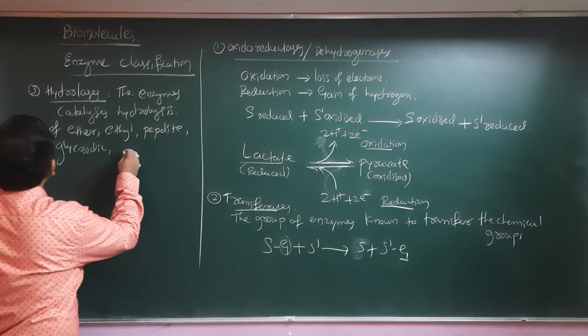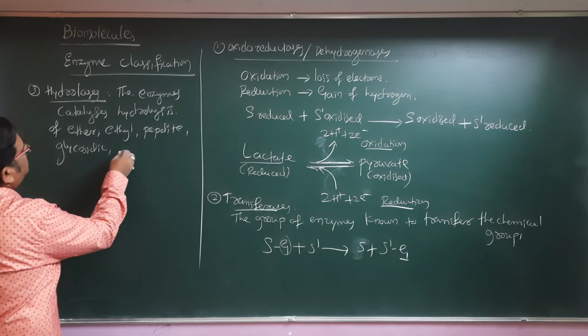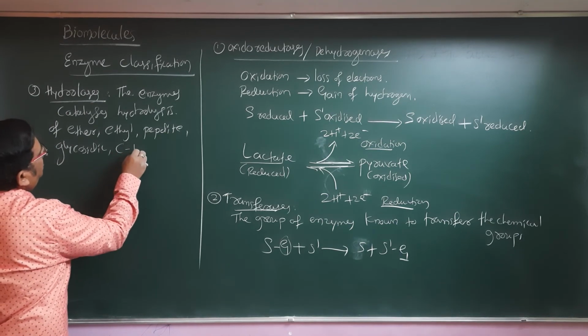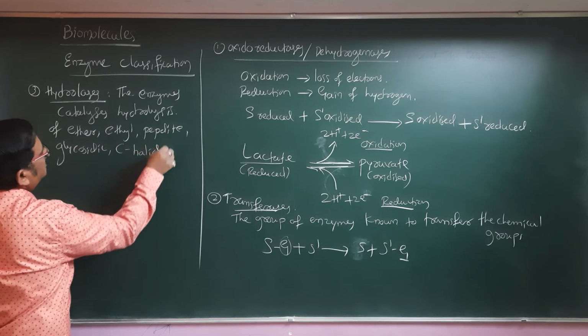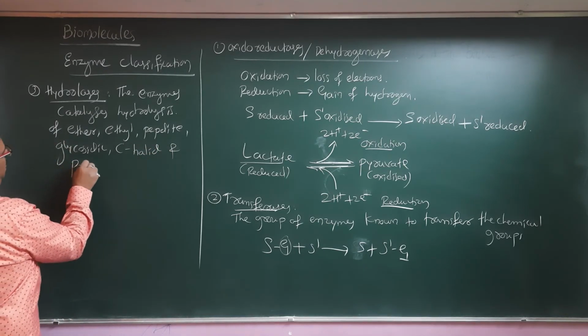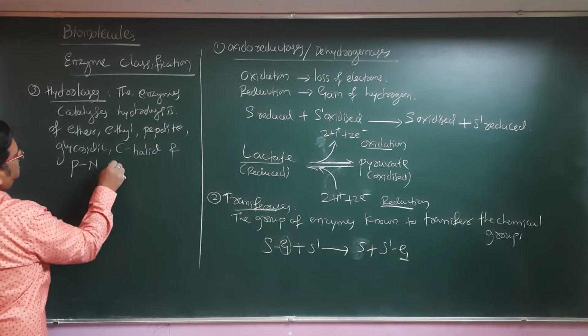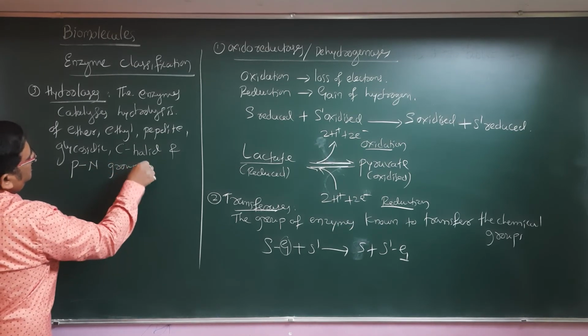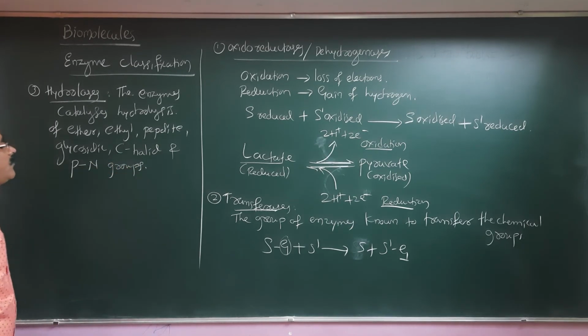and then carbon to halide groups, and phosphate to nitrogen groups. So the bonds are broken and water is released, and that happens in the hydrolases. These are the most important enzyme group.